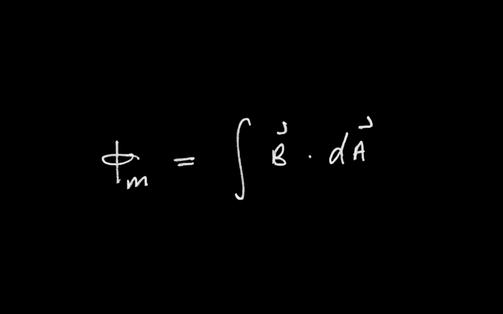That is, the loop has some cross-sectional area. And also, I would end up with an incorrect result for my physical law. Instead, I realized that what's going on is that the magnetic field that matters to the effect is the magnetic field that actually penetrates the loop of wire, or loops of wire if I have multiple.